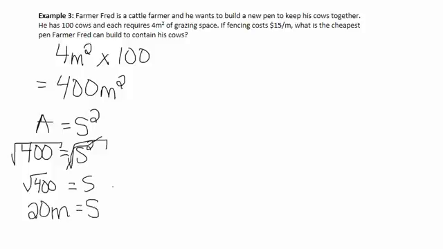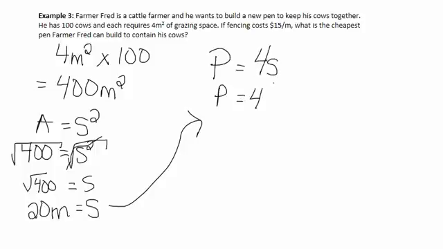Now, let's plug that into the perimeter formula to figure out how much fencing we need. 4 times 20 meters. Therefore, we need 80 meters of fencing.